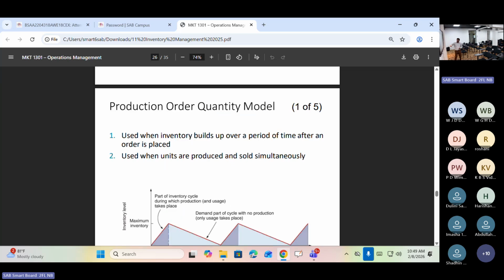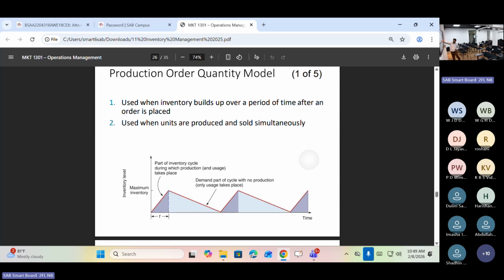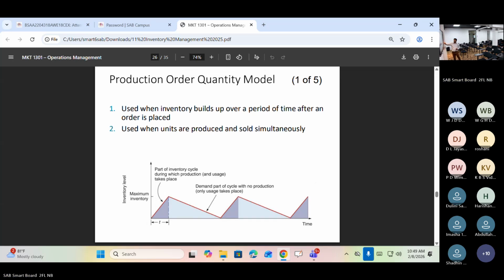We call the next one the economic batch quantity model, EBQ model, also known as the production order quantity model, in which one assumption is violated.